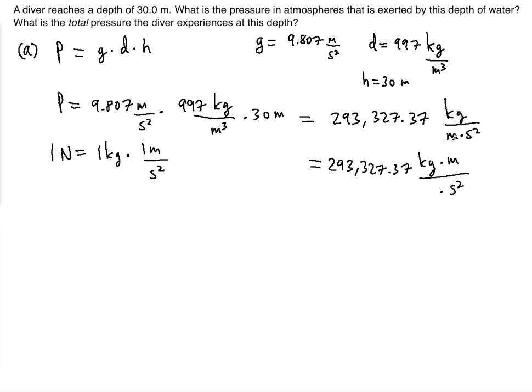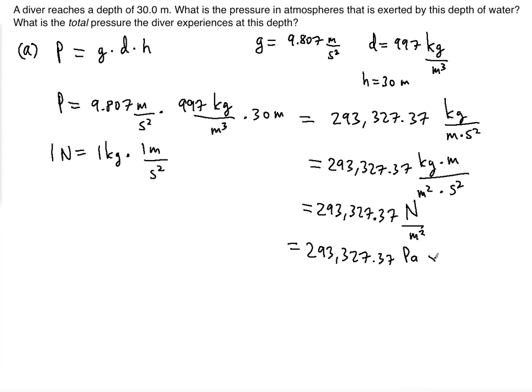But now what about this meter? Well, we can just write meters squared, because if you cancel and simplify, you will get this. So this turns out to be 293,327.37 Newtons per meter squared, and that, as you know, is Pascal, the unit of pressure.